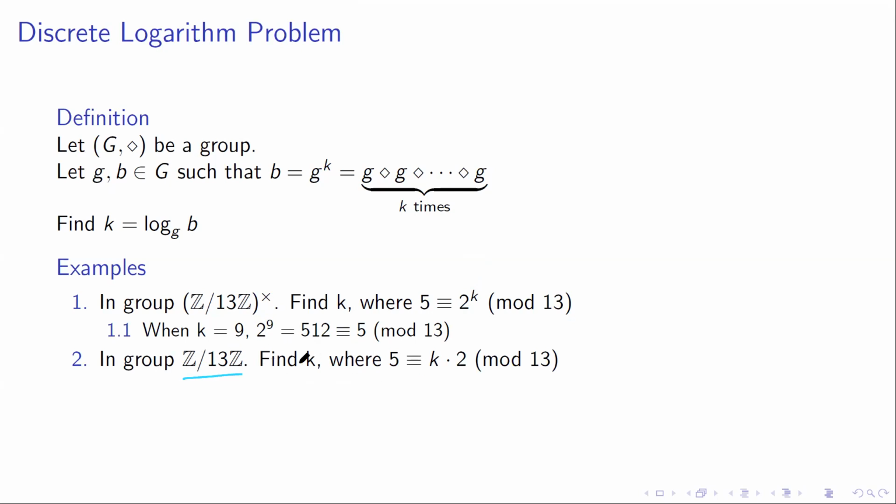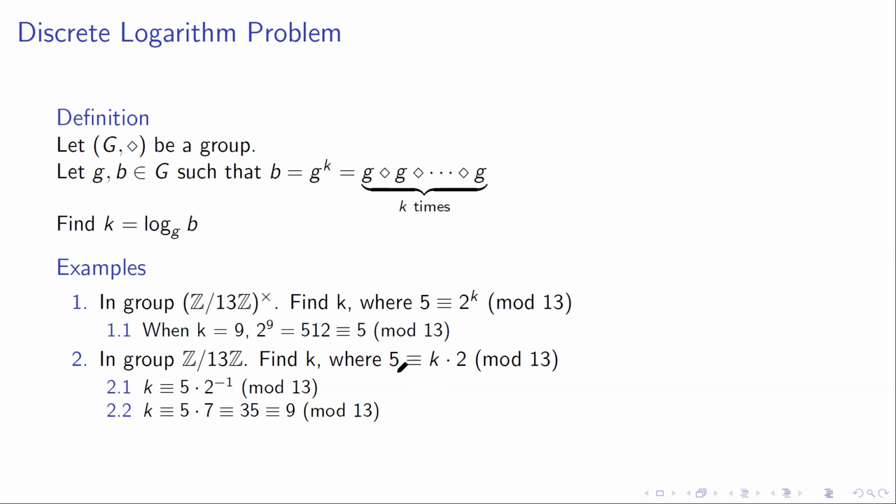If we want to find K such that 5 is equal to K times 2, note that this is actually very similar. The difference between the first example and the second example is the operation. The first example uses multiplication. The second example uses addition. For addition, we use this kind of multiplication symbol. For multiplication, we use the exponent symbol.